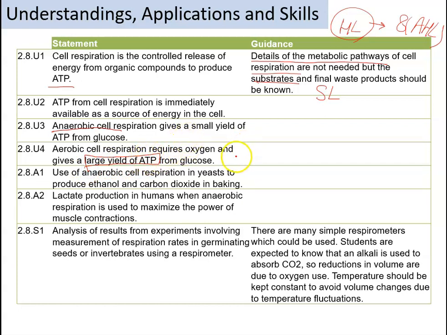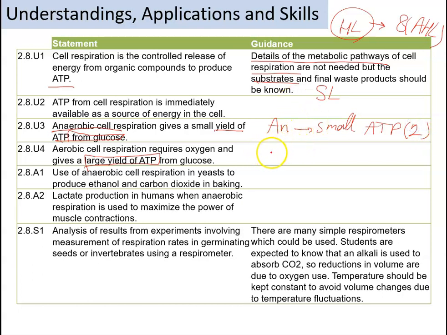That's the difference between aerobic and anaerobic in terms of the yield of ATP. If it is anaerobic, then we have a small amount of ATP. Technically it is 2 actually in the stages.